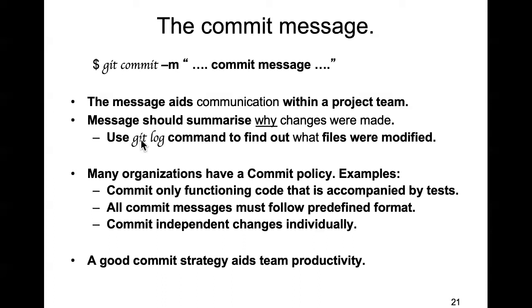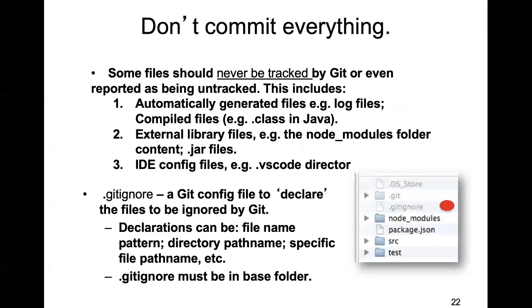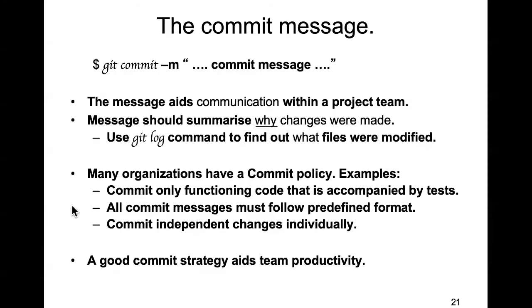And I'm saying here, if you want to find out what particular file changes happened in a particular commit, then there's this other command called the git log command, which we'll look at in a while, which will give us that kind of detail. And in the bottom there, I'm saying that many software houses actually have rules and regulations as to how you structure your commit messages. Your commit message can be more than just a single line.